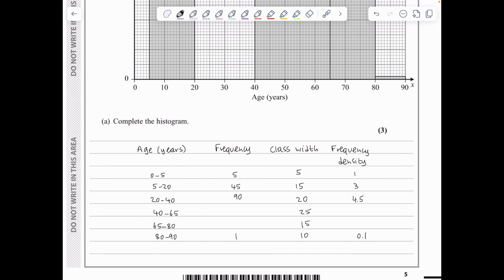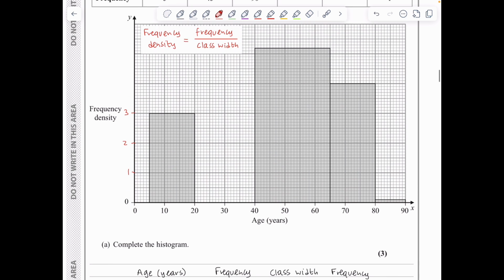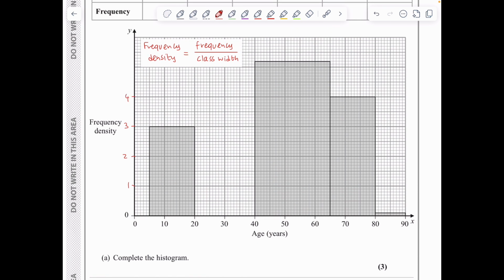This will help me scale the vertical axis, the frequency density axis, because I know, for example, that in this class here between 5 and 20, the frequency density is 3, which means I can put a 3 here. This is a 2, this is a 1. I can go up, this is a 4, and this is a 5. And I can read off the frequency densities for these two classes here.